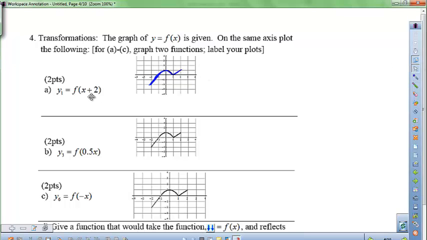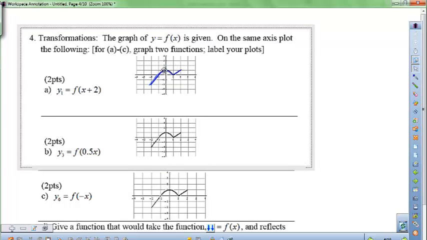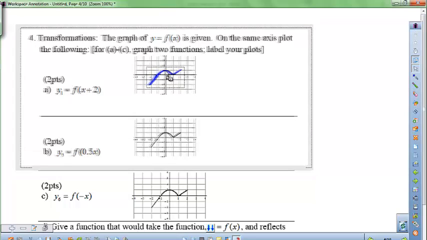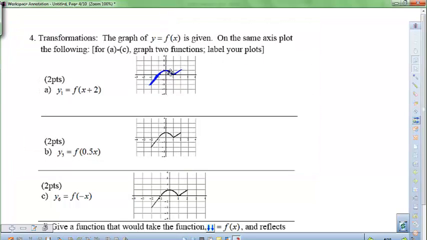This is a shift to the left by 2 units. So let's take this, oops. I wanted to take the blue graph and shift it 2 units. So that's how it would look, shifted 2 units. So all you're doing is essentially copying this thing, shifted 2 units.